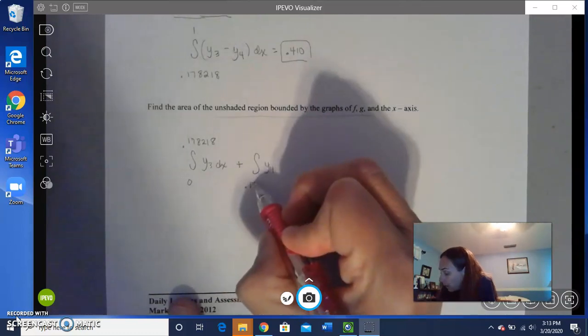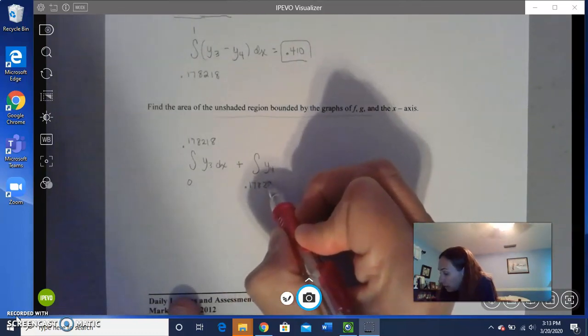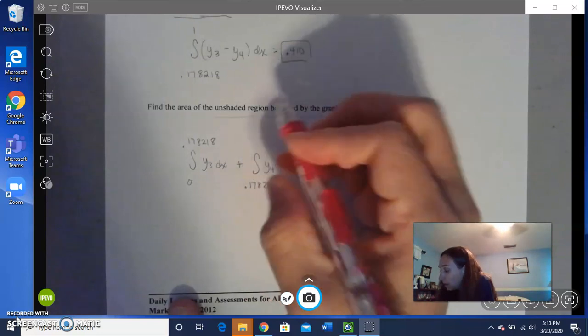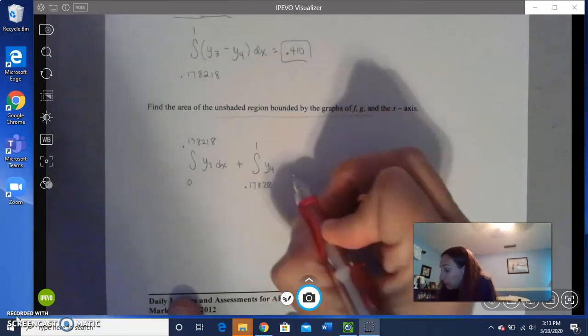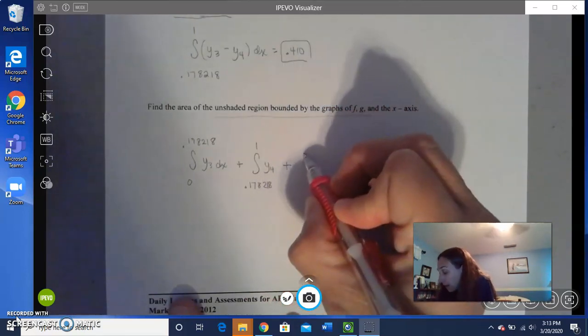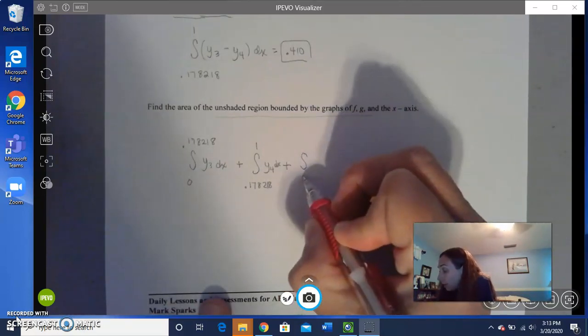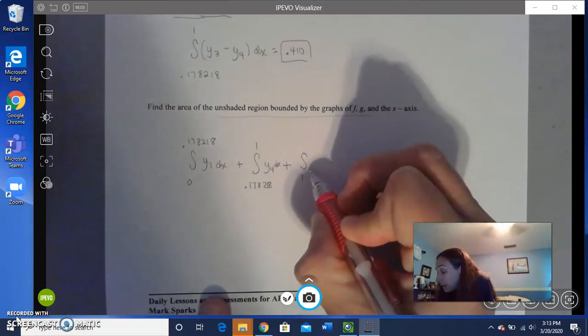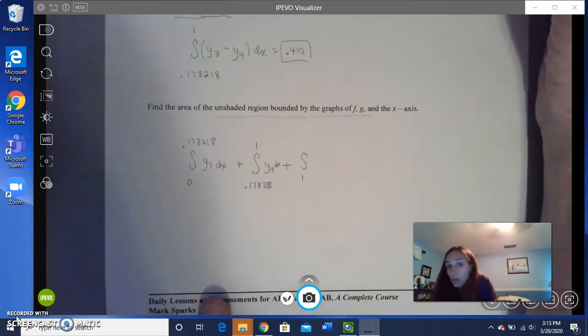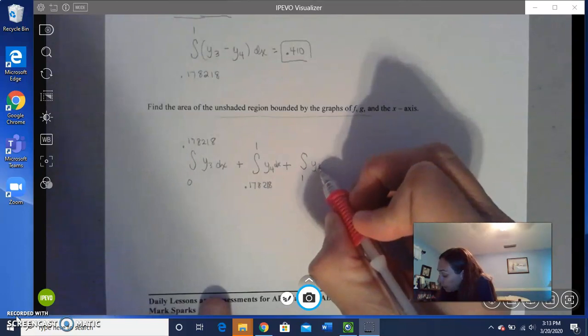And I'm going to add to that the area under the purple curve, which is y4, from the x value of point A to the x value of point B, plus, don't forget your dx, plus the area going from the x value of point B of, again, that pink curve, which is y3.